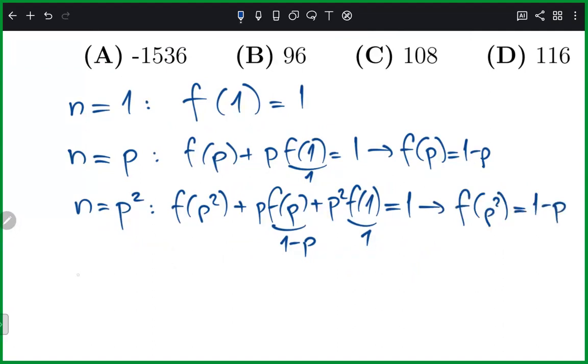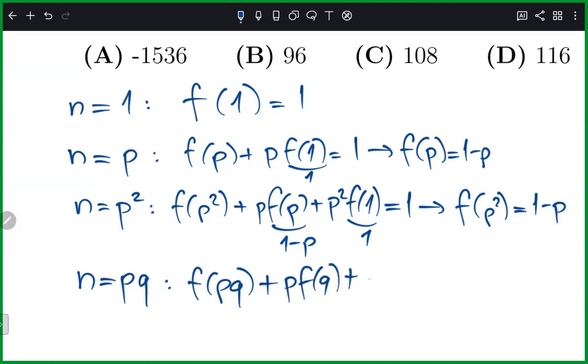Next, let's try n equals p times q when p and q are primes. Then f(pq) plus p f(q) plus q f(p) plus pq times f(1) equals 1.